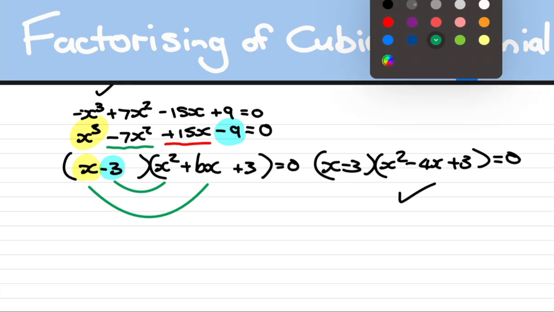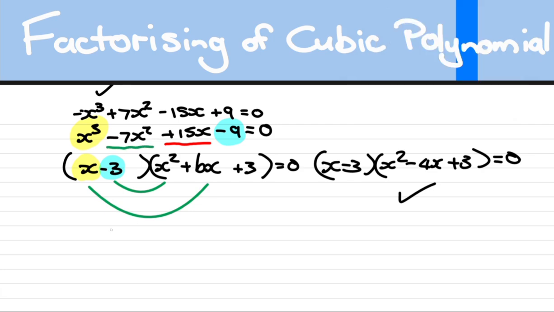So let's do it. So x times bx, so it's bx squared, minus 3 times x squared is minus 3x squared, equals -7x squared.